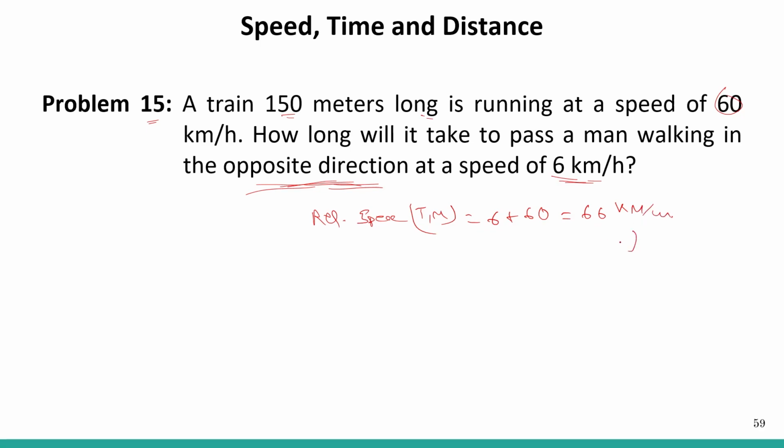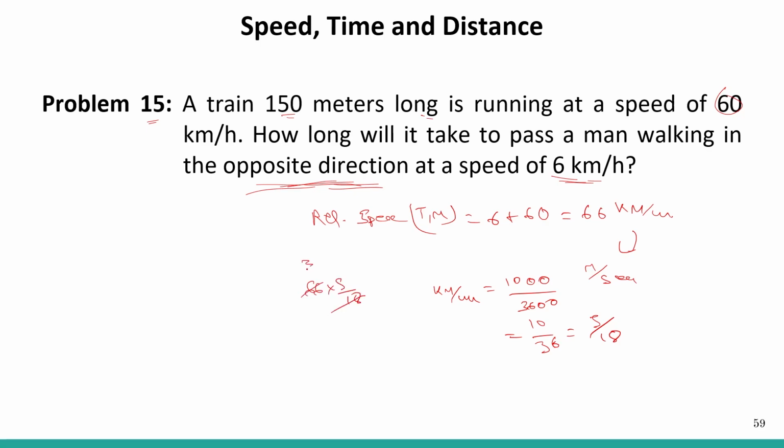To convert it into meters per second, 1 kilometer per hour is equal to 1000 meters by 3600 seconds. So it will be 10 by 36, that is 5 by 18. We can multiply the speed with this number. So it will be 66 into 5 by 18.